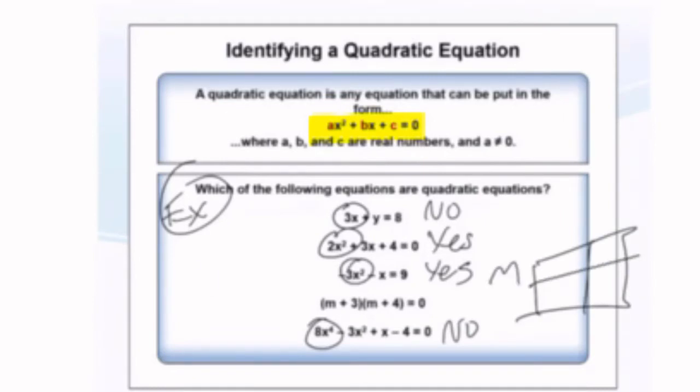As you remember of multiplying polynomials, you can use the box method or the FOIL method. Right away, let me ask you, what is a letter times a letter? M times M, M squared. When you see that squared, that tells you that the fourth one is also a quadratic equation.